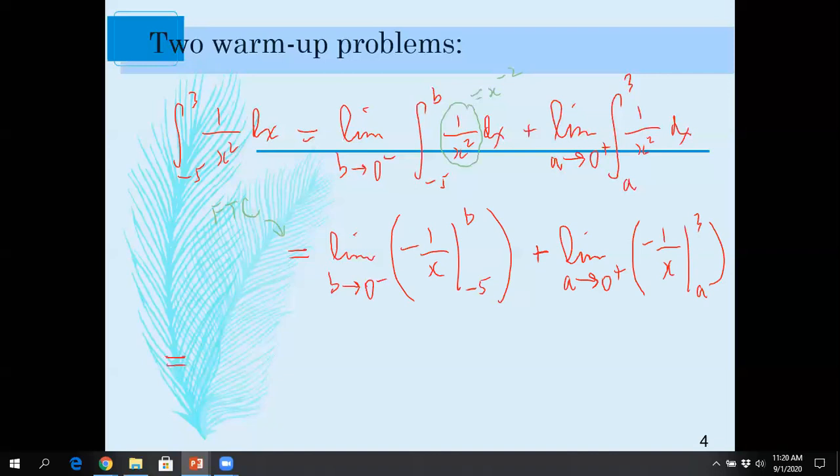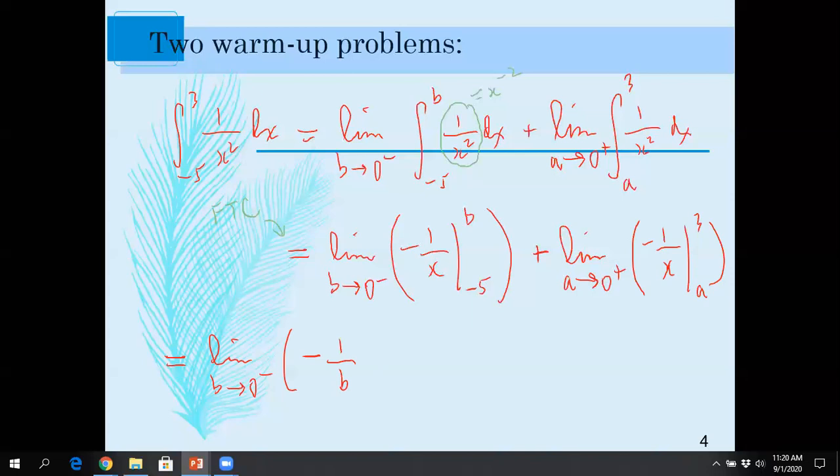Okay? And now I have to actually plug in what these things are. So the limit as b goes to 0 from the left, I'm going to plug in here. So it's -1 over b, minus negative, which is what? Plus, okay, that's sort of interesting. It's minus, minus, minus. Do you know what I'm saying? Because it's minus negative, and then I plug in -5.